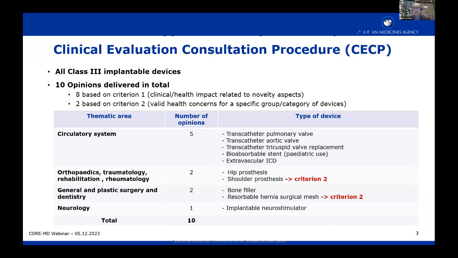That is the case for a specific group of shoulder prostheses, and that was also the case for reabsorbable hernia surgical meshes. Criterion 3 was not used so far to trigger an opinion. So these are some practical numbers and results, and I will hand over to Professor Nelissen for a practical and clinical overview of the topic.